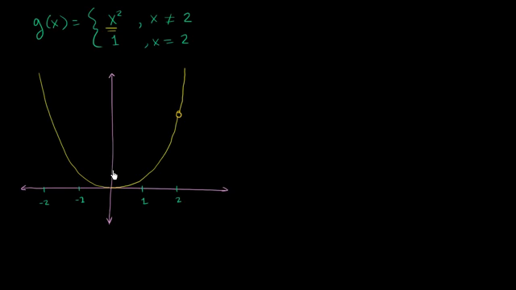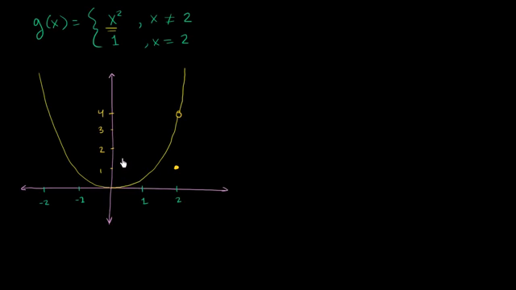I'm not doing them on the same scale, but on the graph of x squared, this would be 4, this would be 2, this would be 1, this would be 3. So when x is equal to 2, our function is equal to 1. This is a bit of a bizarre function, but we can define it this way.